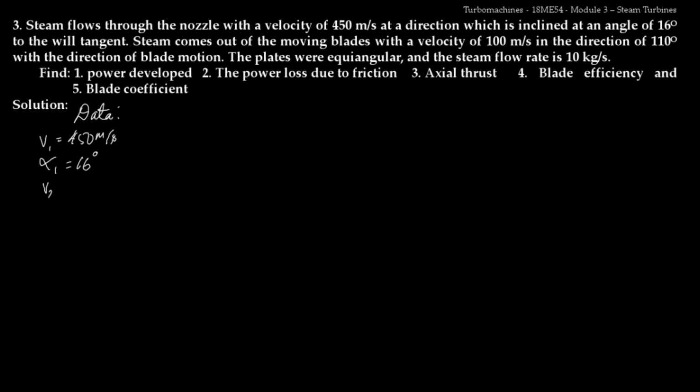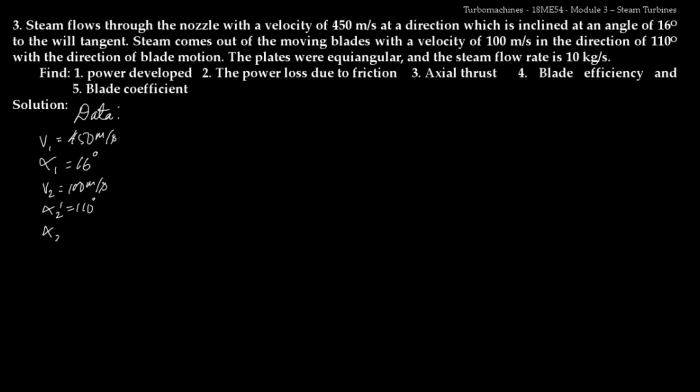So V2 is given as 100 meter per second in the direction of 110 degree with the direction of blade motion. So the direction of blade motion is nothing but u. So he has given the angle with respect to u, which I'll call alpha 2 dash as 110 degree. I'll show where we get alpha 2 dash and alpha 2 in the velocity diagram.